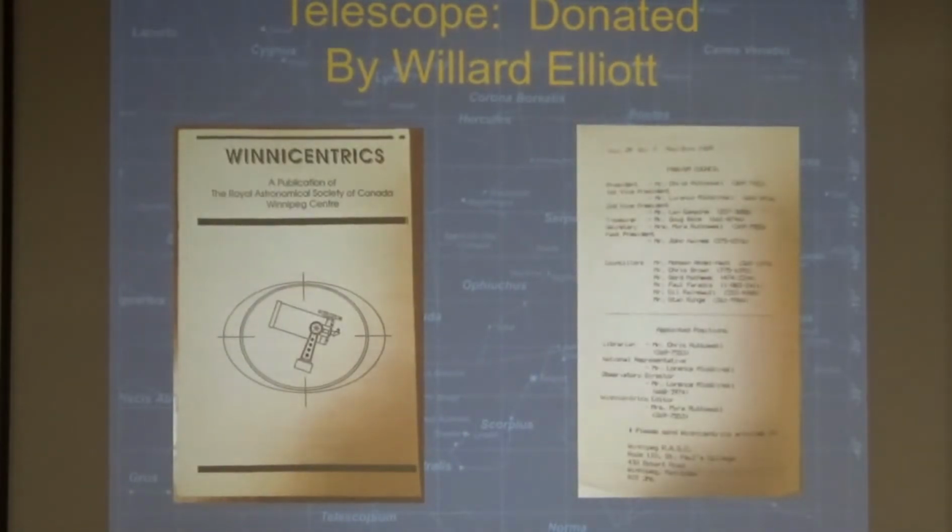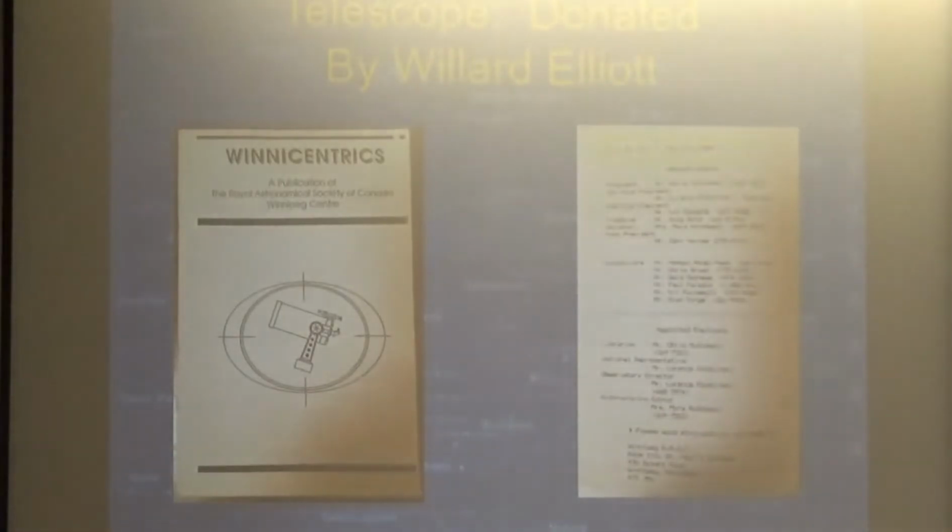This is interesting, because I assume he was a member, since this is the old newsletter for the Winnipeg division. I'll have it scanned in and post it on the site soon. What year is that, Craig?